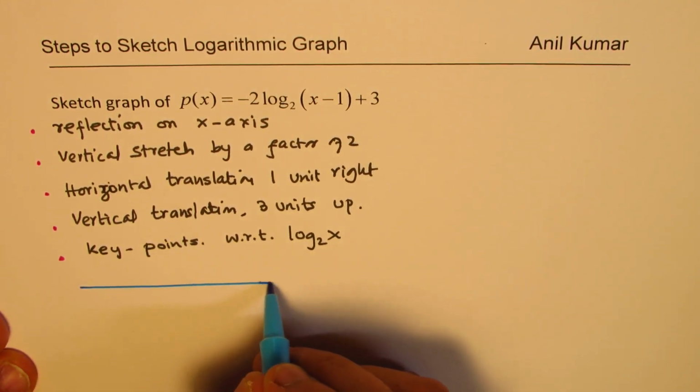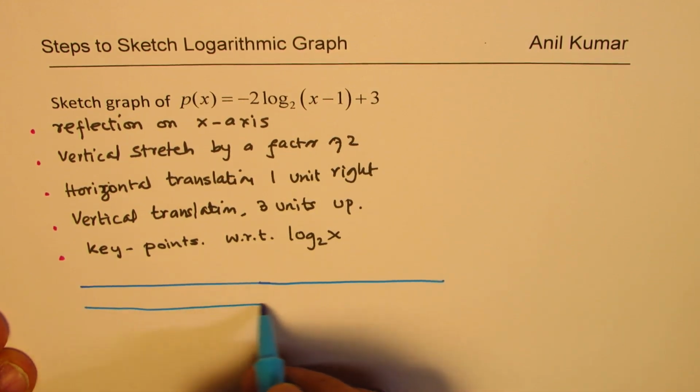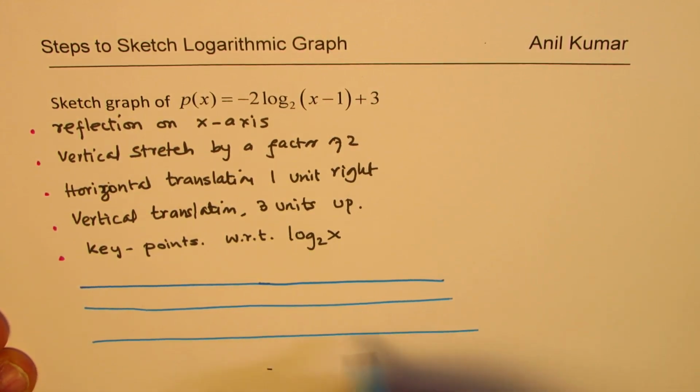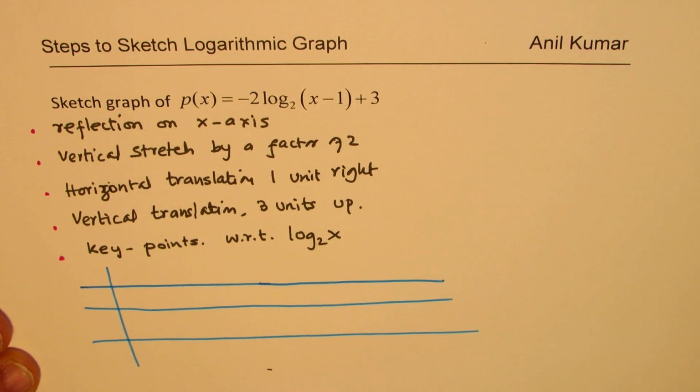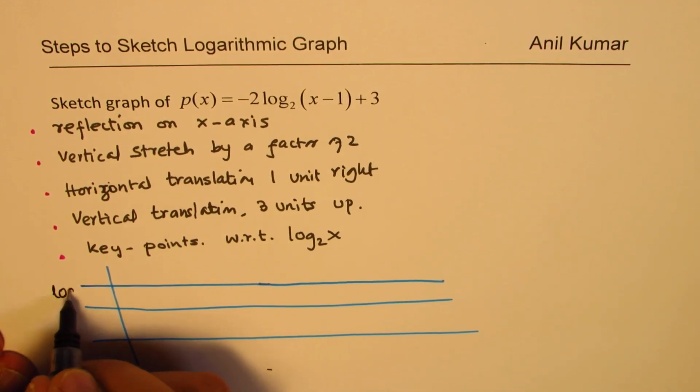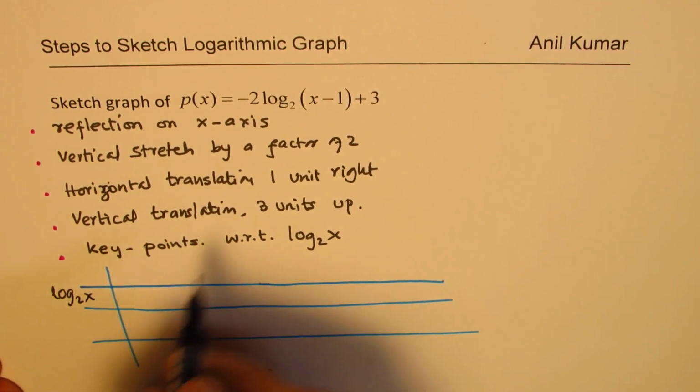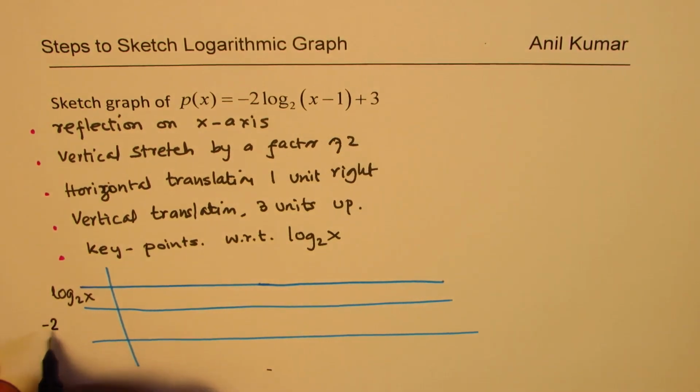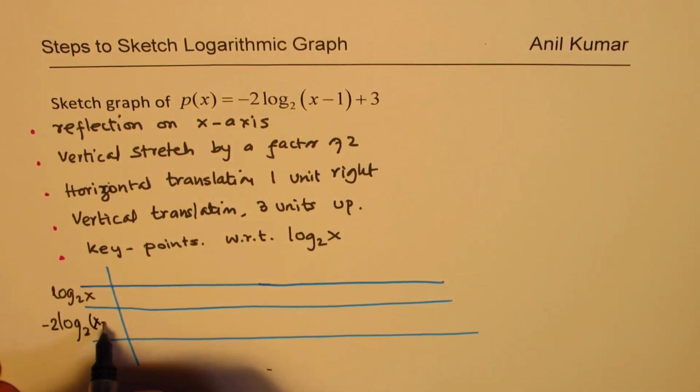Let me make a horizontal kind of a table this time, since we have less space. Okay. So let's say we'll write down log to the base 2 of x, and then we'll write this function, which is minus 2 log to the base 2 of x minus 1, plus 3.